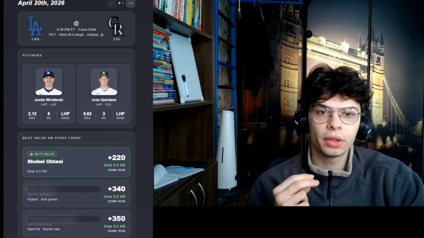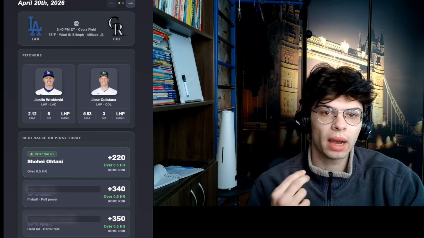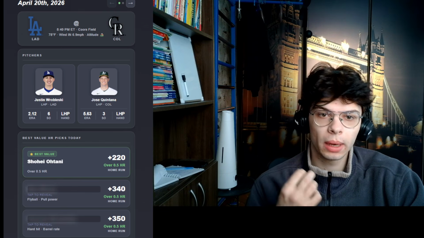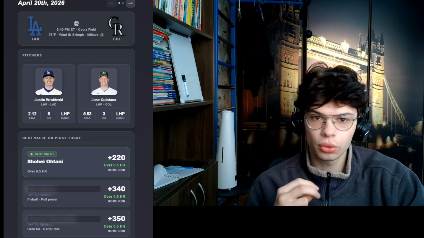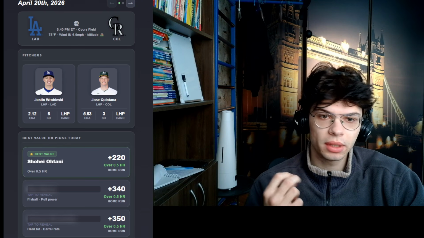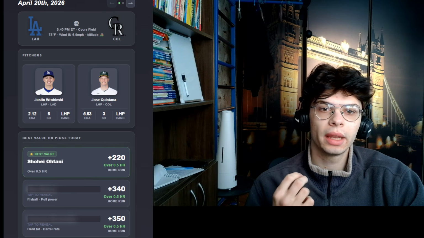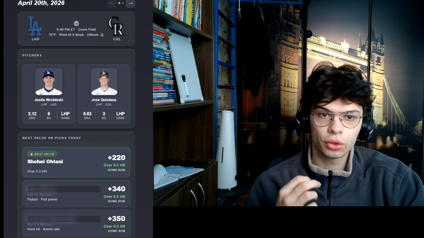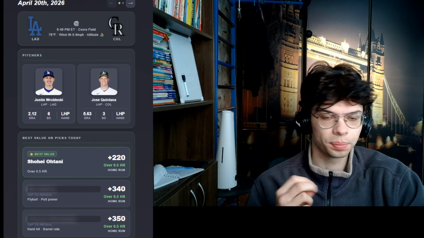So he does not need volume or consistency, he needs one pitch in the damage zone and one high EV swing. Now combine this with Coors, his marginal contact becomes more dangerous, so his downside remains, but his upside distribution shifts upward. This is a classic high variance, positive skew outcome where payoff justifies probability.